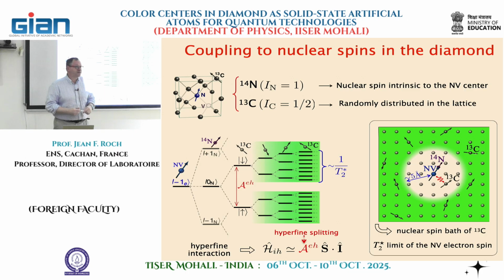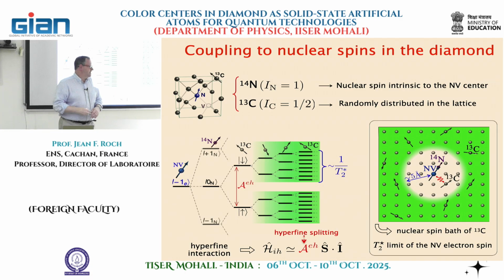Of course, at one point, you're limited by the T2 star. The T2 star will erase all that structure, and you will just average all that structure, and you will simply have something in which we cannot distinguish these individual couplings anymore.